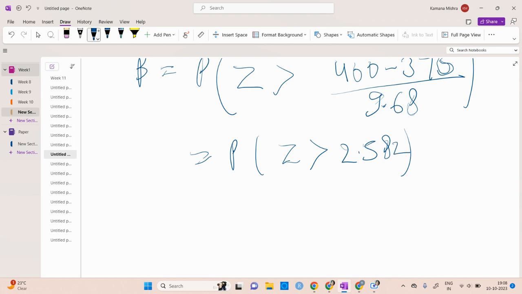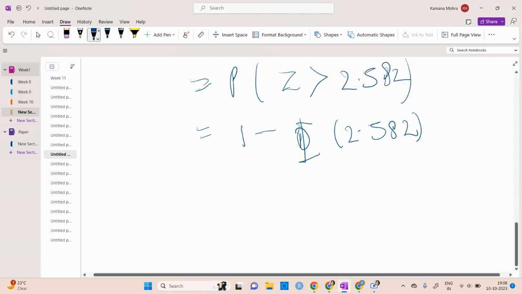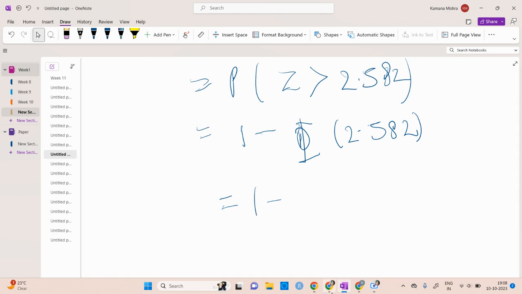Now we can find this value by using 1 minus phi of 2.582, right? So for that, we need to see the z table.